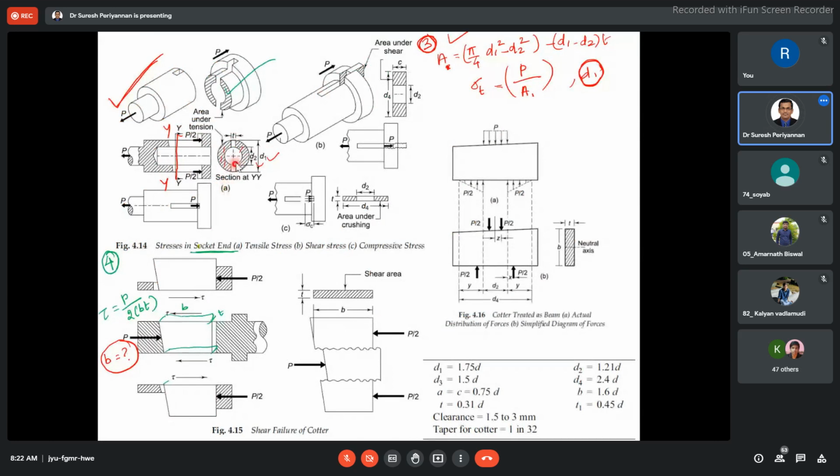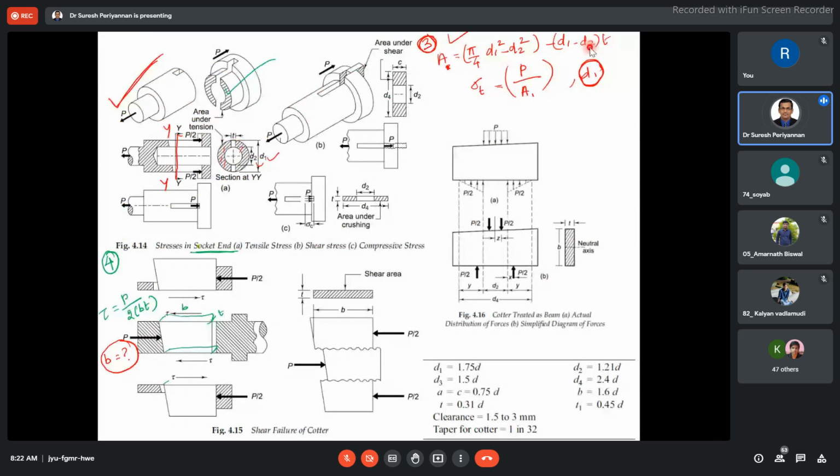Pi by 4 d1 squared, because the bigger diameter is d1. The outer diameter of the socket is d1 and the inner diameter of the socket is d2. So the area is pi by 4 d1 squared minus d2 squared, minus d1 minus d2 into t. Because this is d2 and this is d1, and this slot is present, hence we have to subtract.